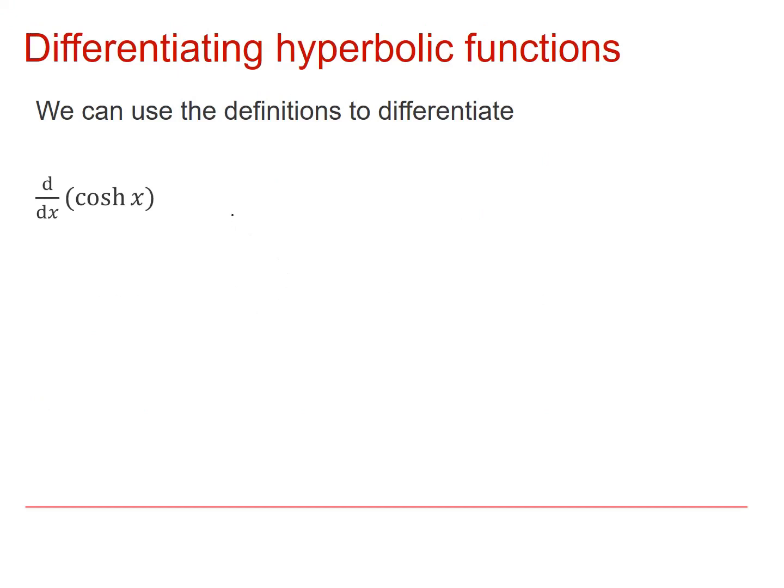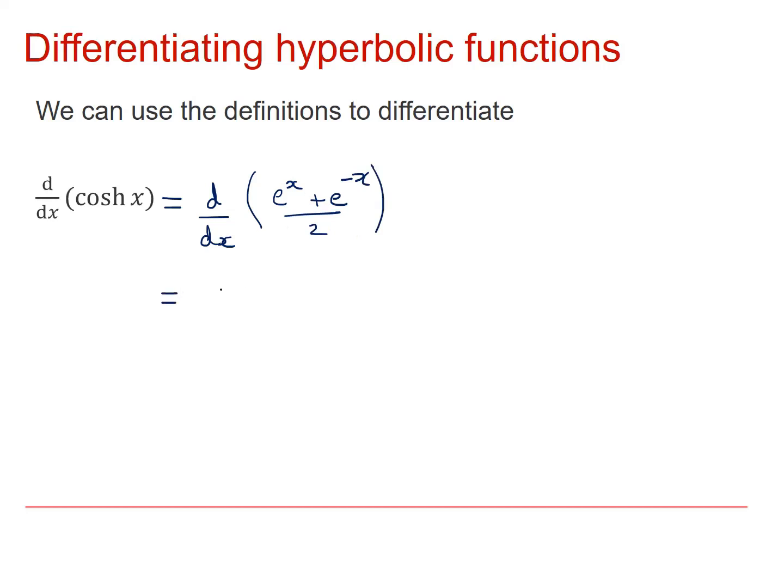We can use the definitions of cosh x to differentiate it. This thing here will become d by dx of e to the x plus e to the minus x all over 2.